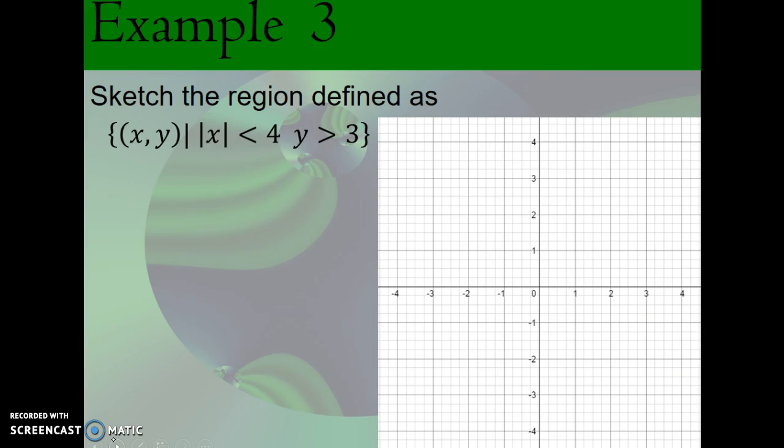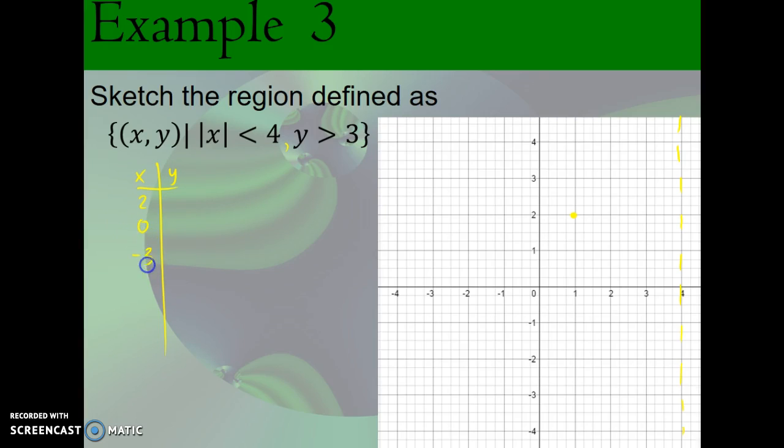A more complicated one: here we've got a set of rules for the x's and a set of rules for the y. My absolute value of x has to be less than 4, which means if I'm looking at a coordinate on the graph, the x value has to be less than 4, just like before. But it's also got those absolute value bars in it. So if x was 2, that's perfectly fine. If x is 0, that's perfectly fine.